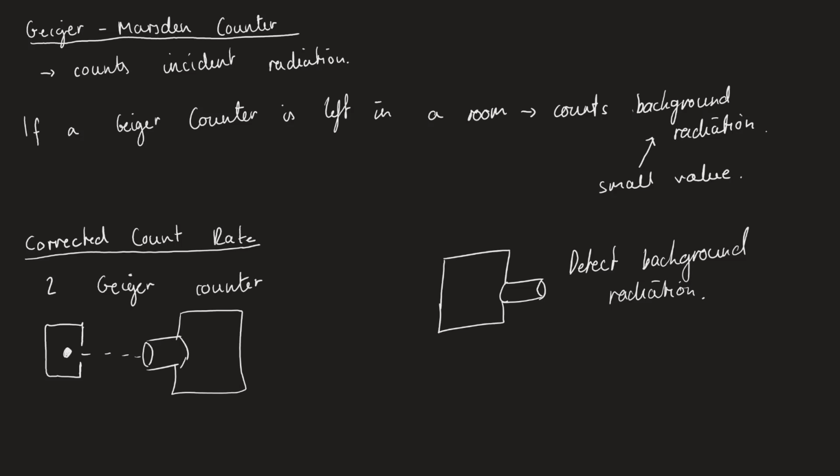Now, we get 2 count rates. We get one from our first detector, which is detecting the radiation straight from the source, and we get one from our second detector, which is measuring the background radiation. We are basically 100% certain at this point, if this Geiger counter 1 is directly facing a radioactive source, it will detect more radiation than the background radiation.